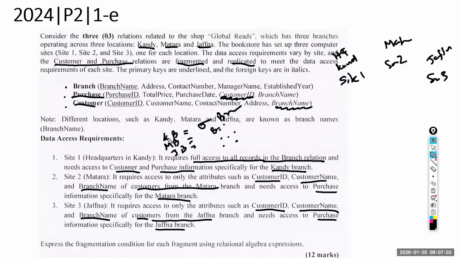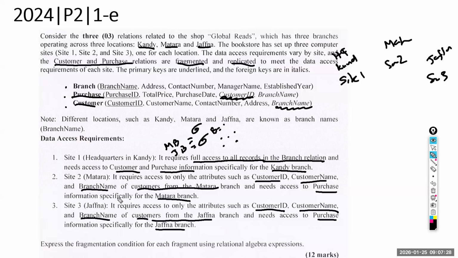So maybe you don't need the Kandy branch because Kandy needs all the branch details. But definitely we need the Mathur branch and Jaffna branch. Those are sigma where branch name is Kandy, Jaffna, Mathur.